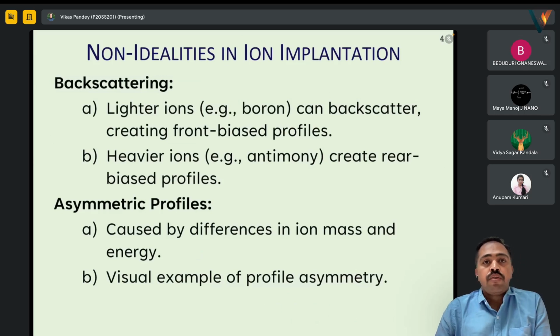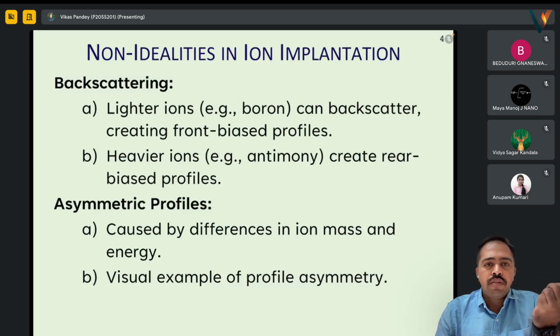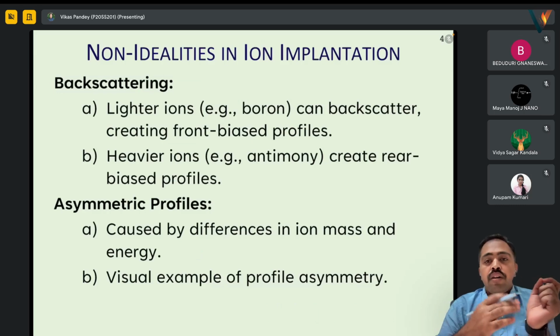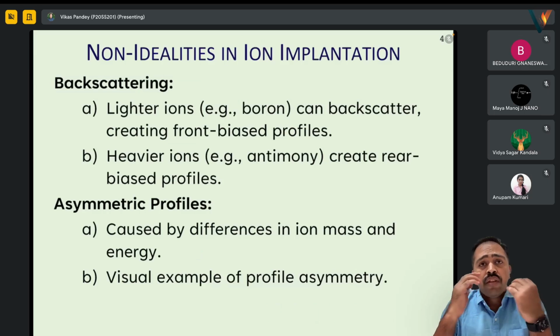We saw that ion implantation is better than diffusion because here we can have better control of the profile. We can go for fixed area doping and all these things.